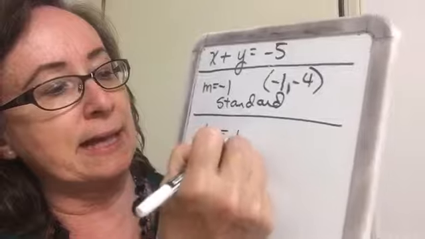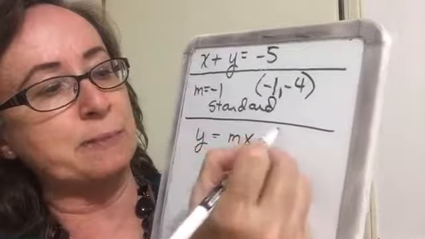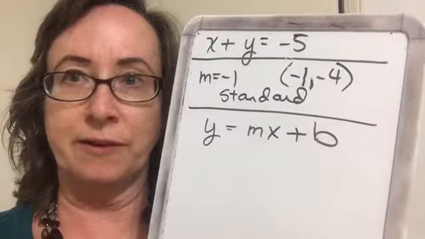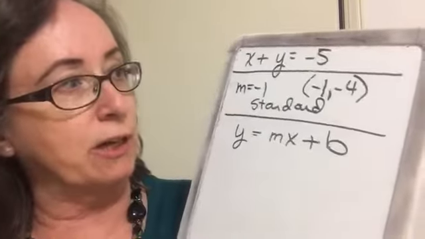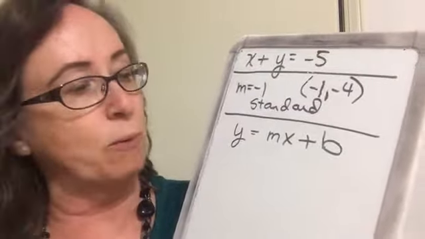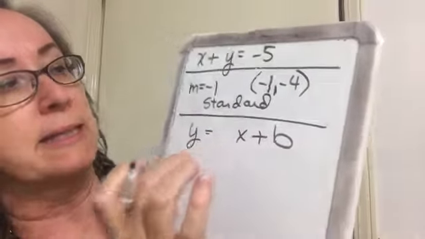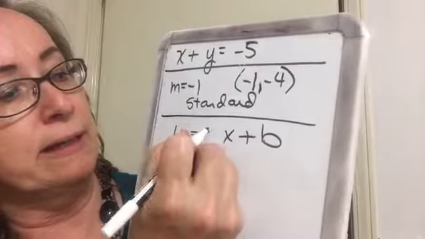Y is mx plus b can be used to get an equation when we have a slope and a point. Because the slope goes right here where the m is, so the slope was -1.